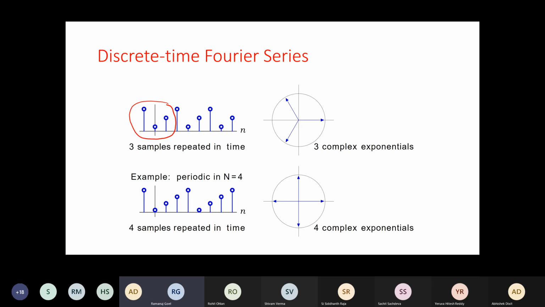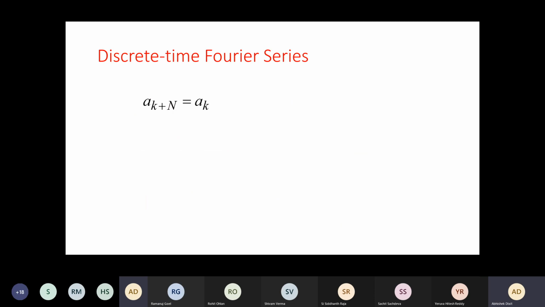Sir, I had a doubt. If AK is periodic with N, but in the summation you wrote Hn equals the sum of k from 0 to N minus 1 of AK, doesn't that imply that AK for any k that is not between 0 and N minus 1 will be 0? Sorry, which expression are you talking about?